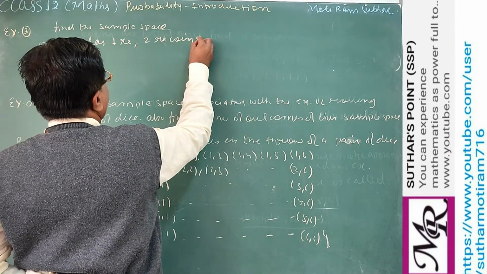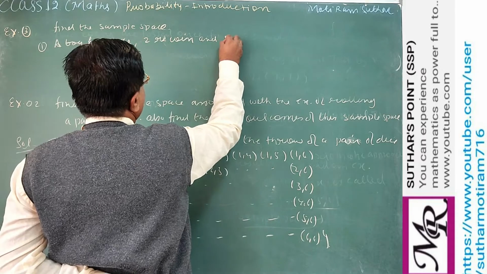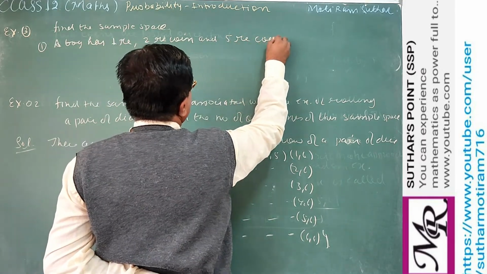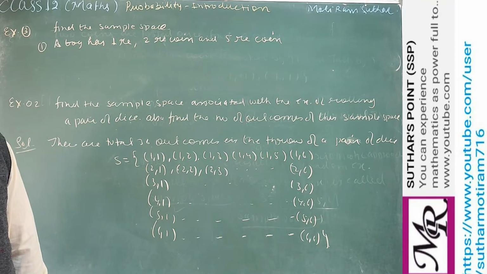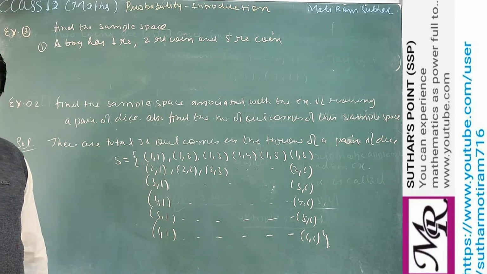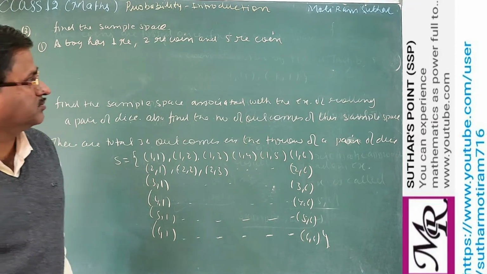Three types of coins are there in his pocket, and he takes out 2 coins out of his pocket.